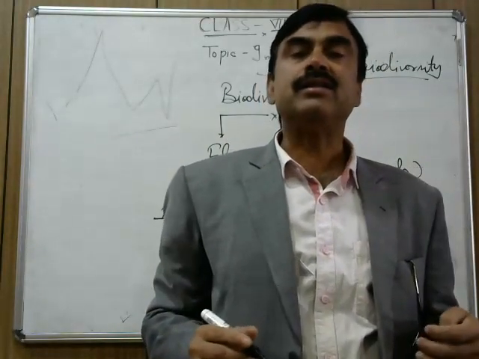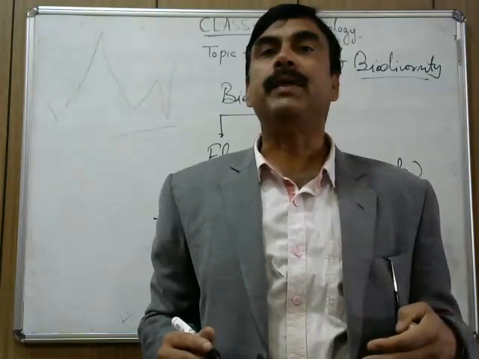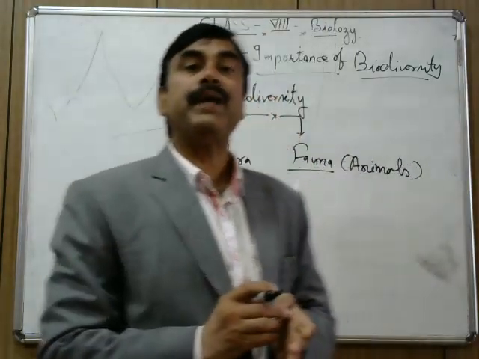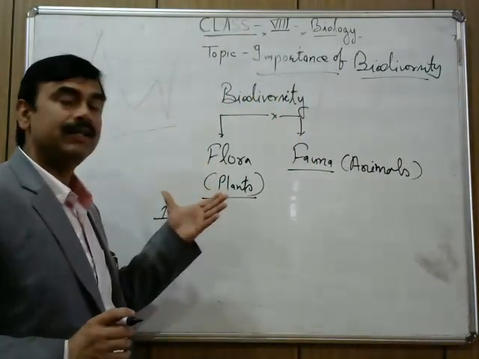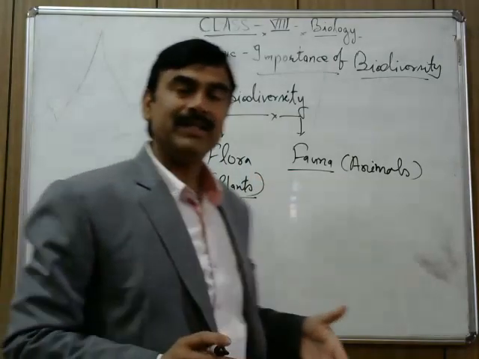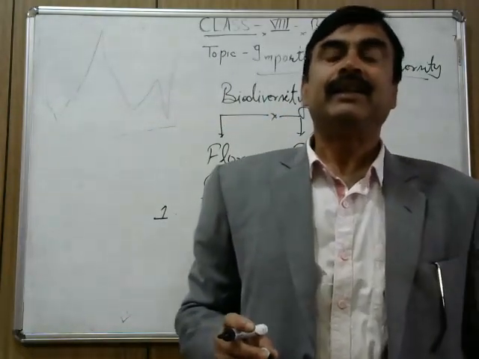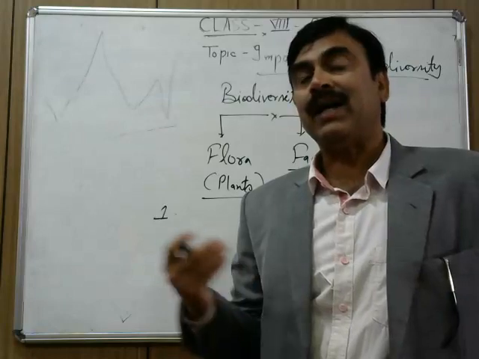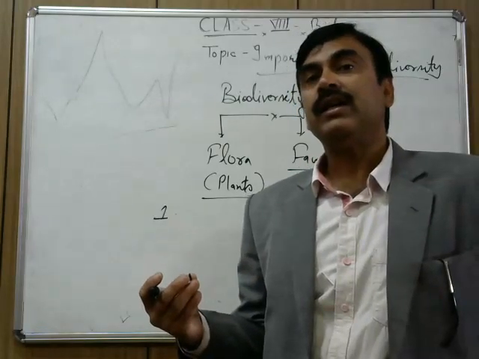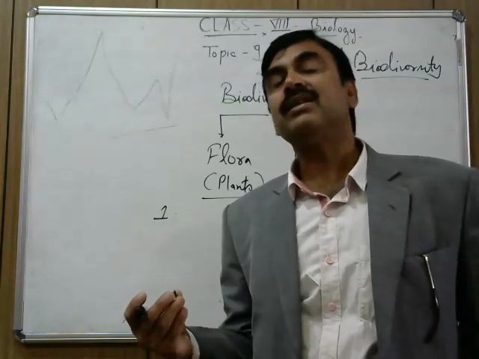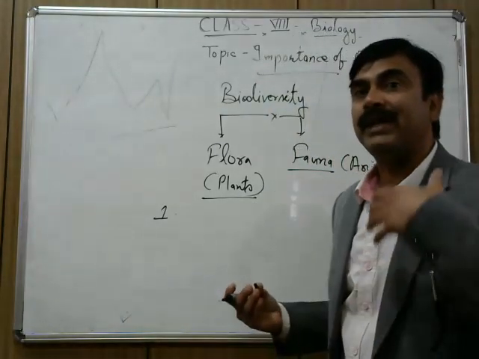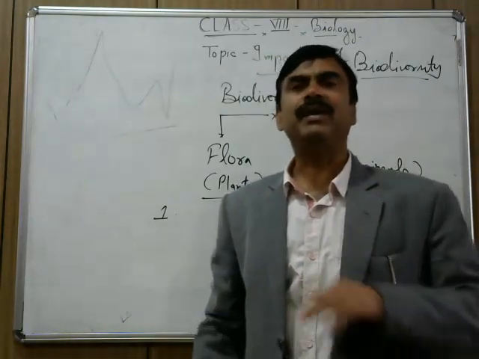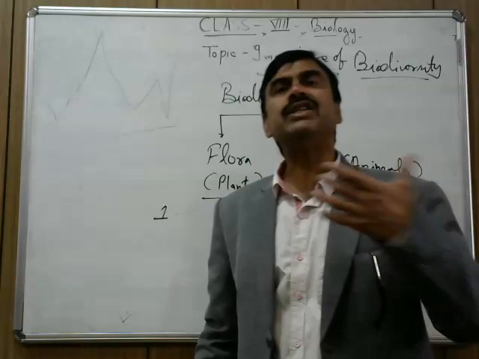Many medicines are prepared with the help of many plants and animals. Yes, there are certain plant species which are used in the preparation of medicine. Many fungi give antibiotics.